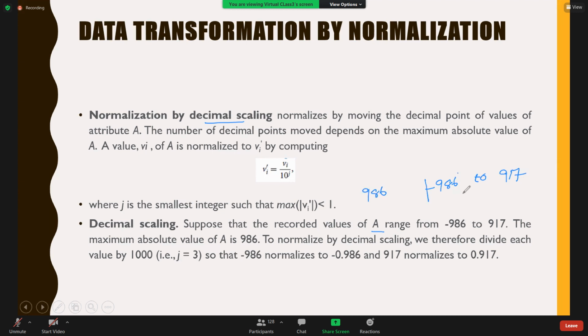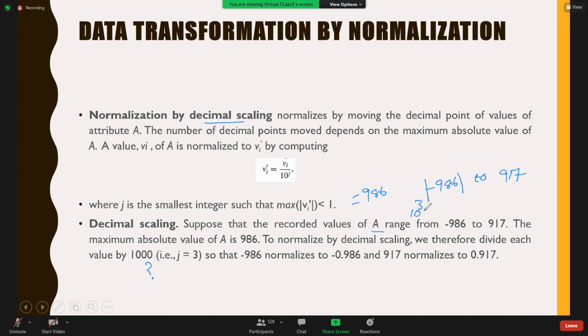To normalize using decimal scaling, we have to divide each value by 10 power 3. Then minus 986 normalizes to minus 0.986 and 917 normalizes to 0.917.